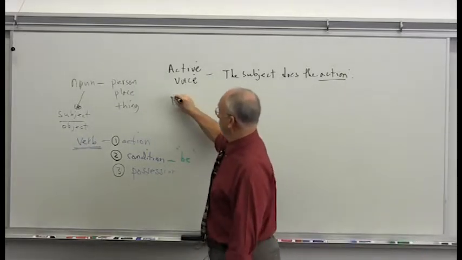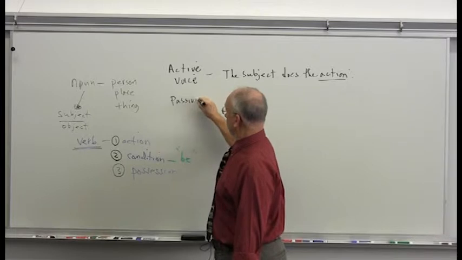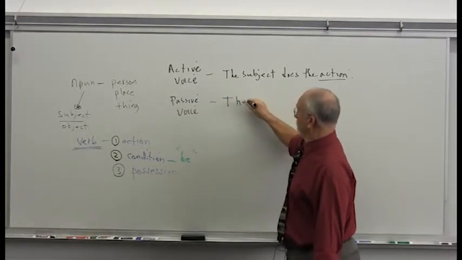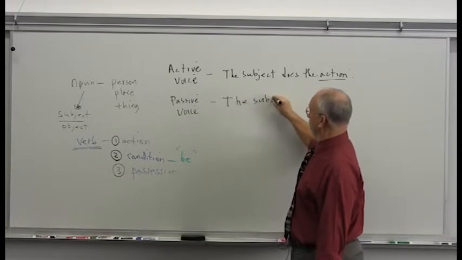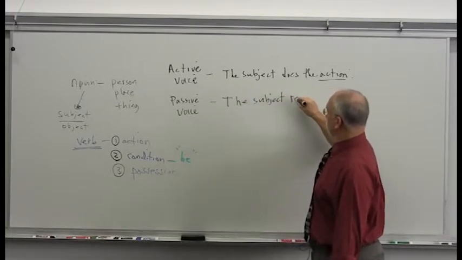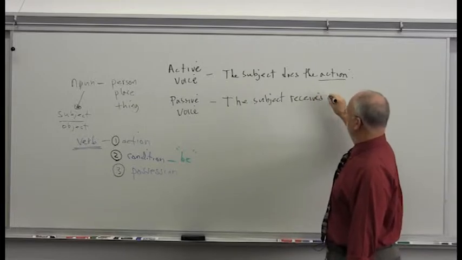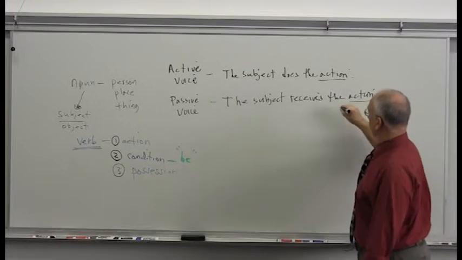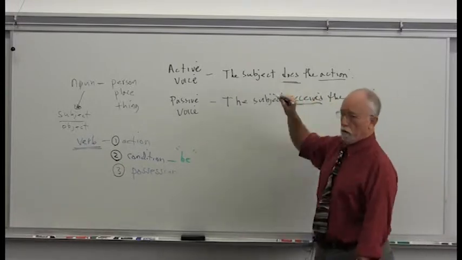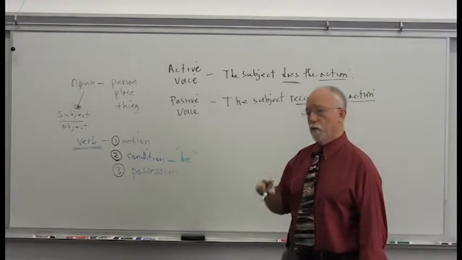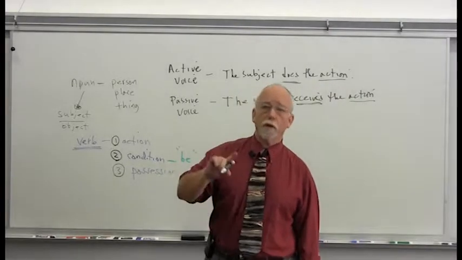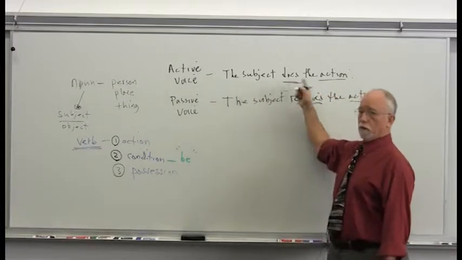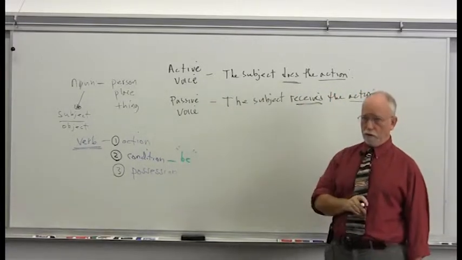In passive voice, the subject receives the action. So the difference between active voice and passive voice is basically which direction the action is going. Is it going from the subject, or is it going back to the subject?